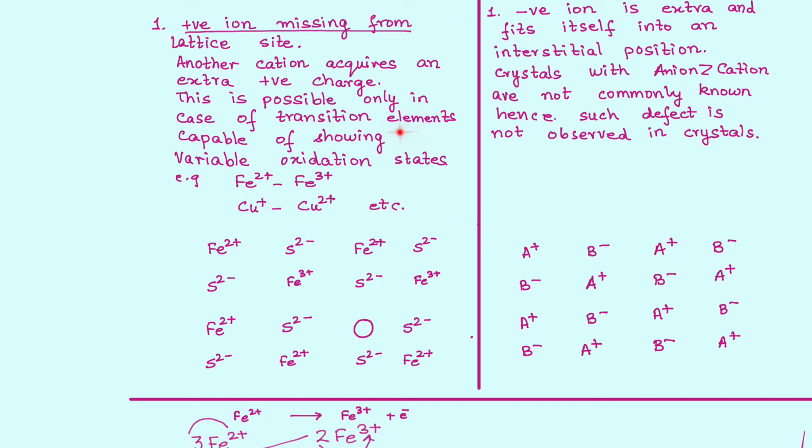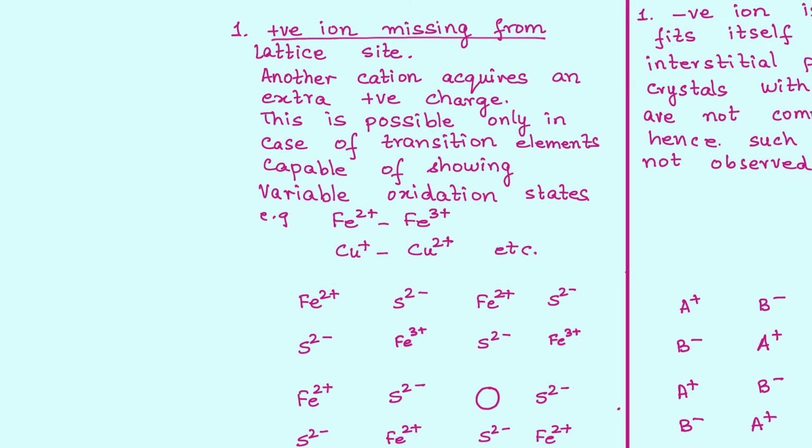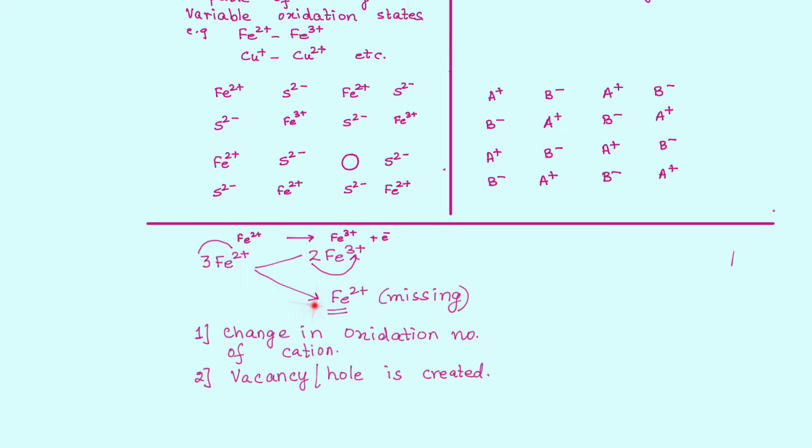So transition elements, because of their ability to show variable oxidation states, are found to show this kind of defect. Iron, copper, nickel, platinum, palladium, so they are able to show what we call the metal deficiency defect, involving a positive ion missing from the lattice site. I hope this concept becomes clear to you now.